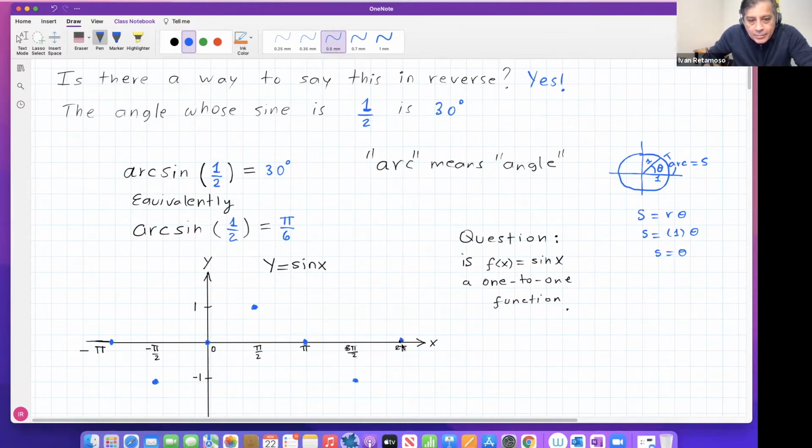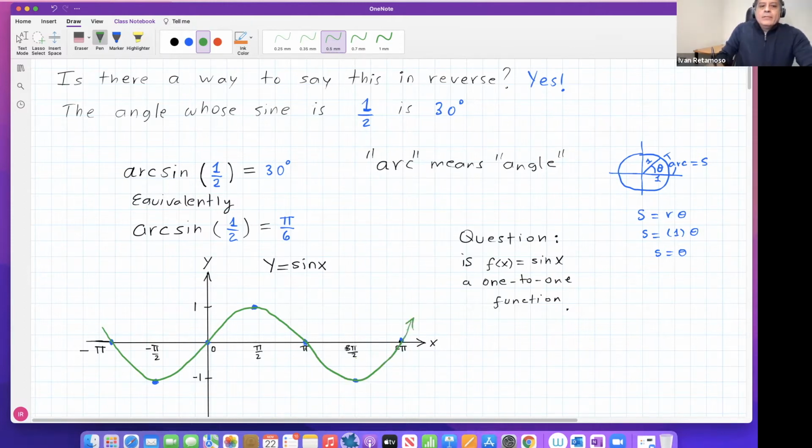That's over a period. But remember, we explained that if you continue to the right and to the left, what happens over a period repeats itself. Therefore, the graph of the sine function as a whole should look more or less like this, a curve like a wave, and we saw it in the previous lecture.